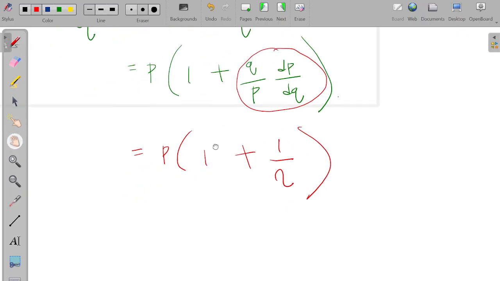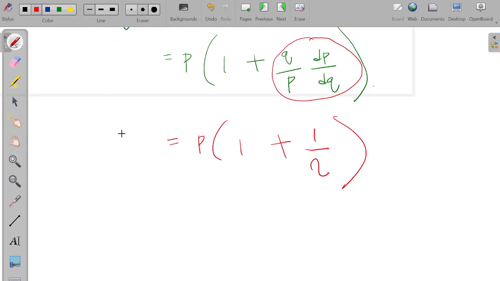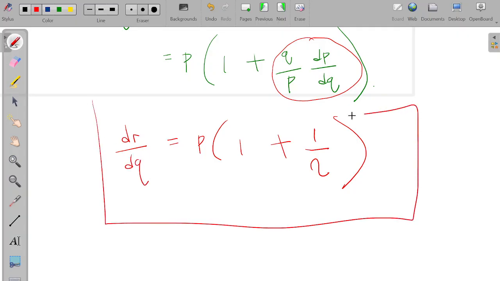Okay, so now our change in revenue becomes this. Okay, that is our change in revenue.